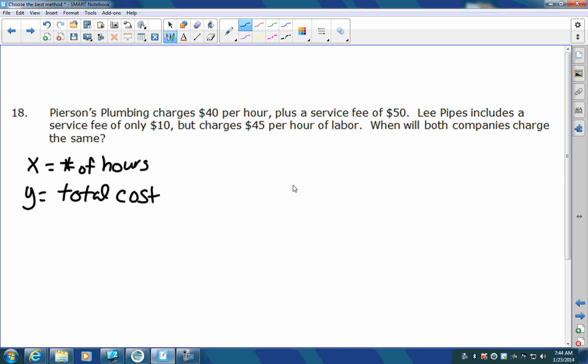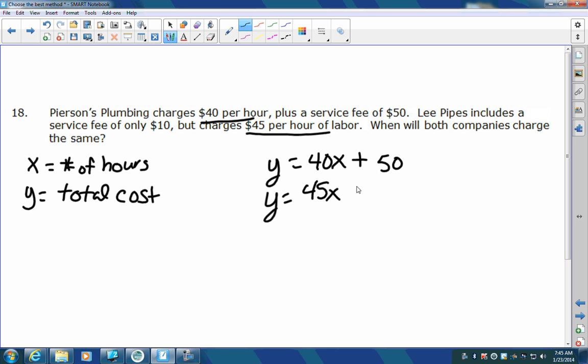So for my first one, Pearson's Plumbing, the total cost is going to be $40 per hour plus a service fee of $50. Now Lee's Pipes, how much do they charge per hour? Right there it says $45 per hour, and they only charge $10 to show up for a driving fee.